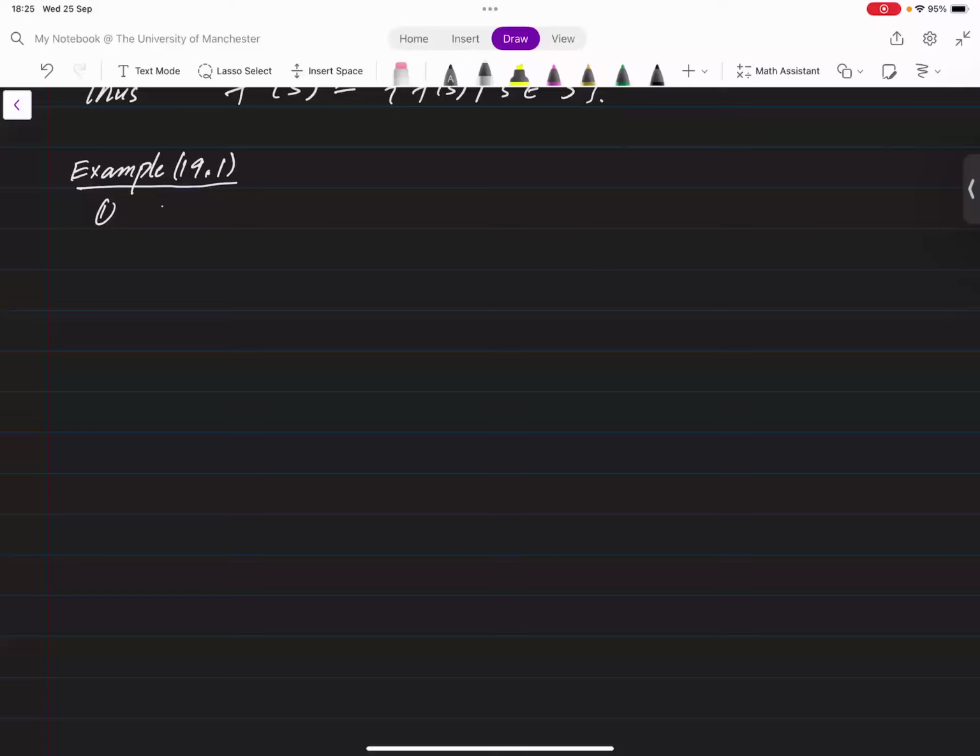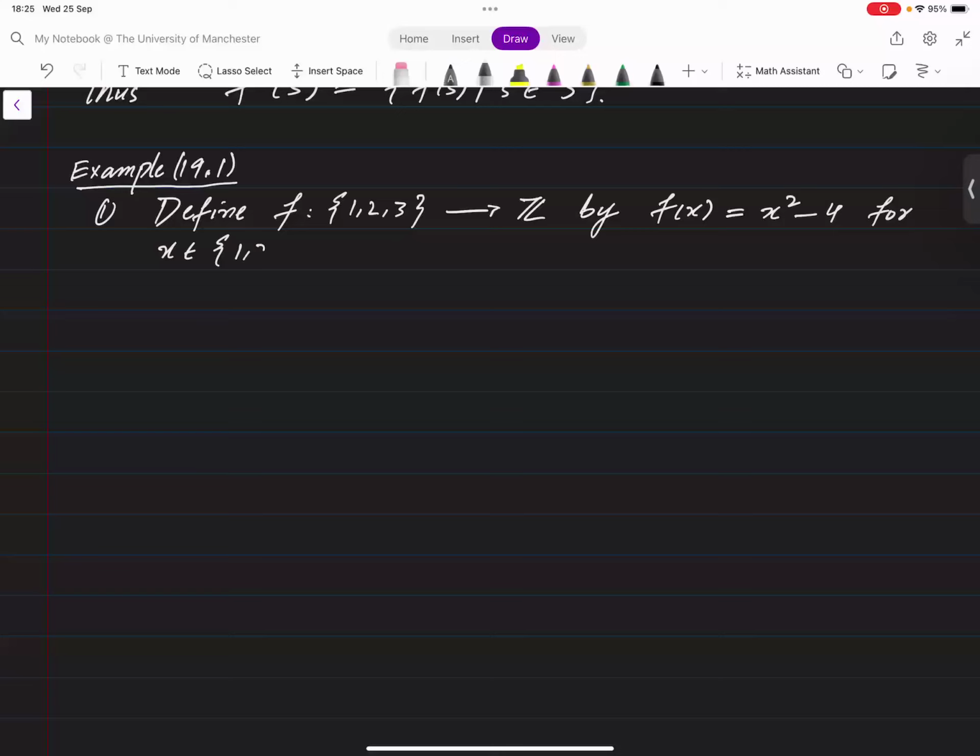Number one, we define f from {1, 2, 3} to the integers by just squaring the elements of the first set and subtracting 4, that is f(x) = x squared minus 4 for x in the set {1, 2, 3}.